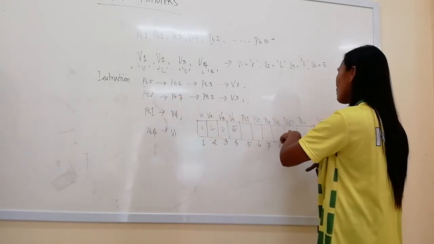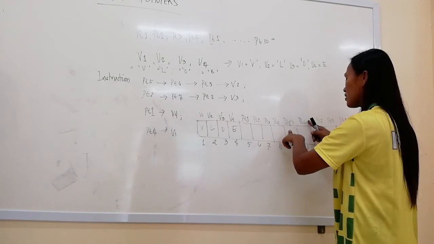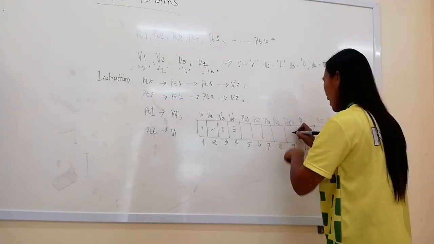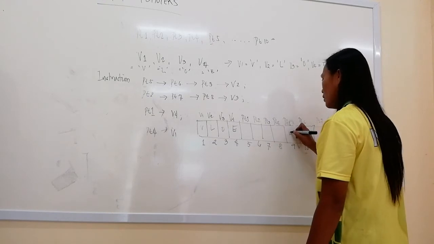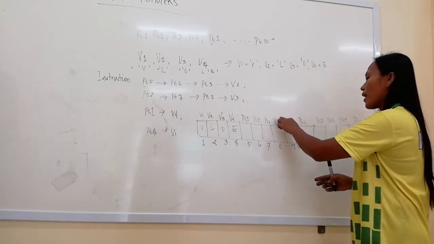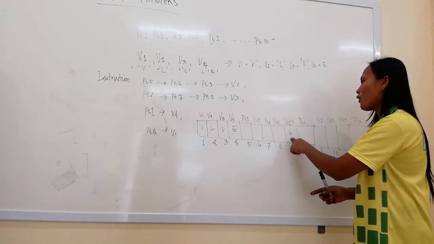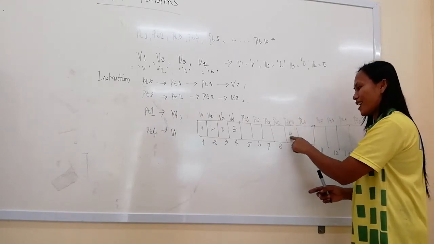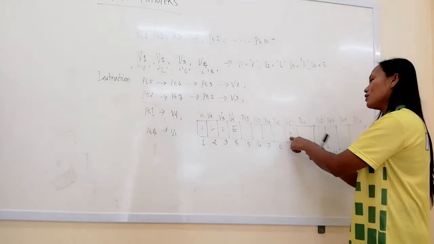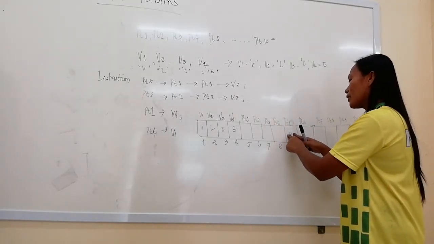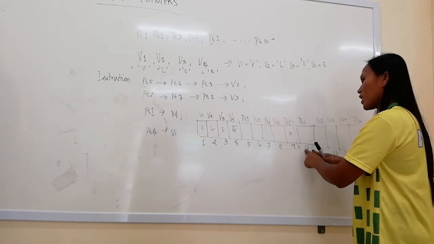So what is the memory address of pointer 6? Pointer 6 is located in memory address 10. Meaning to say, pointer 5 contains the specific address of pointer 6, which is 10. Okay? Now, under the memory address 10, we have pointer 6.